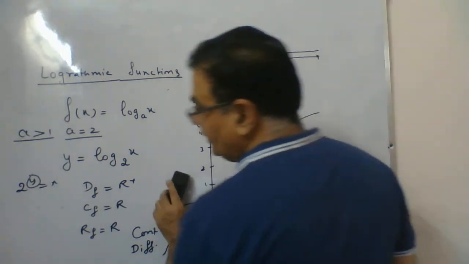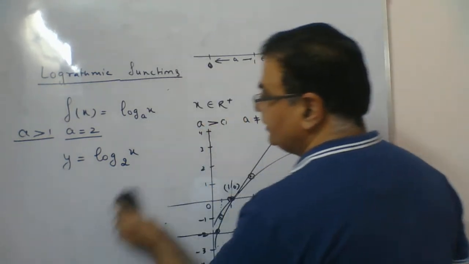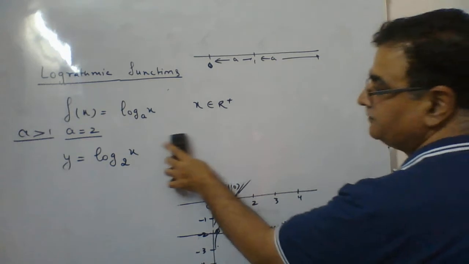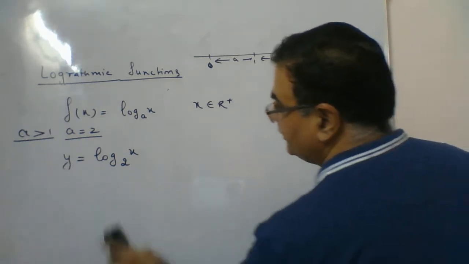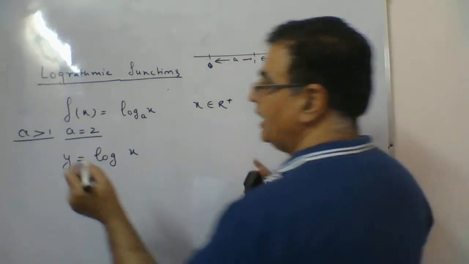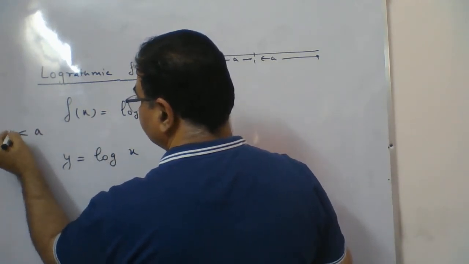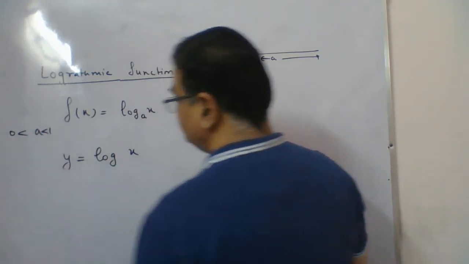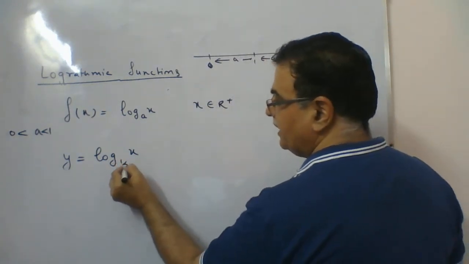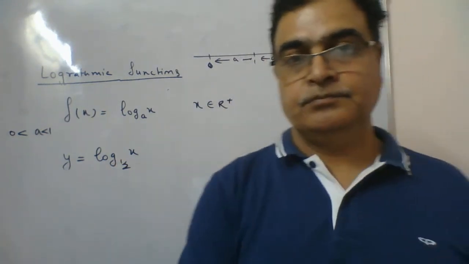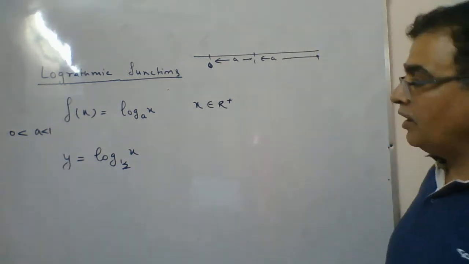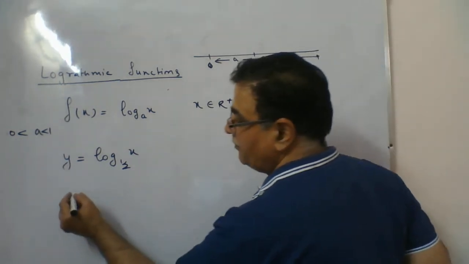Same way when you think about y is equal to log x when a is coming between 0 and 1. Let this example be half. When you go for half, what will it come out to be?